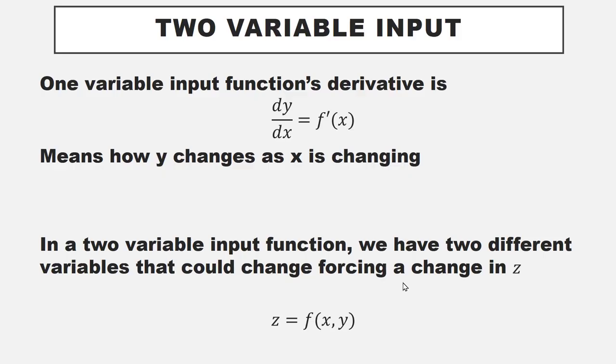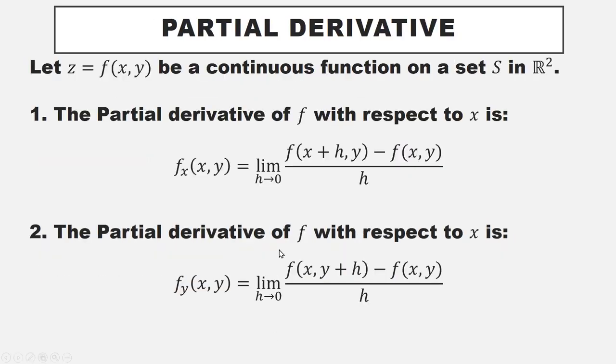But for right now, let's say changes in x are going to produce changes in z, and changes in y can produce changes in z. And that's the idea of the partial derivative. The partial derivative of f with respect to x is defined this way.